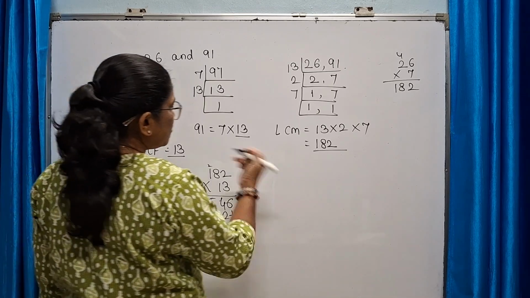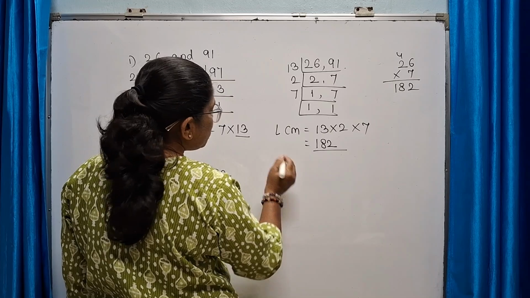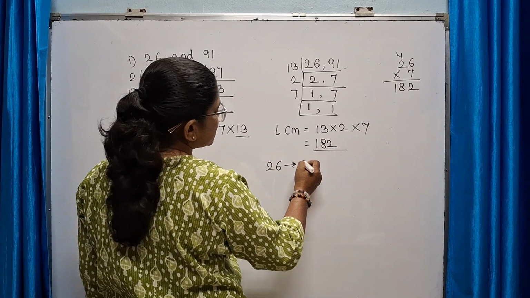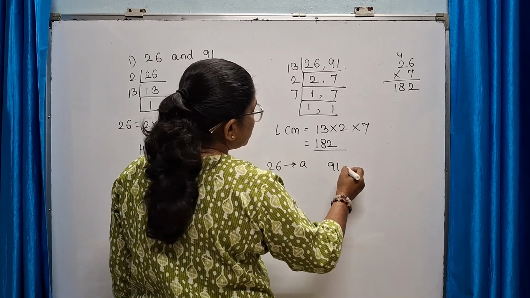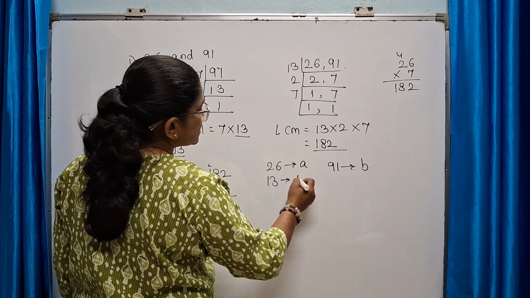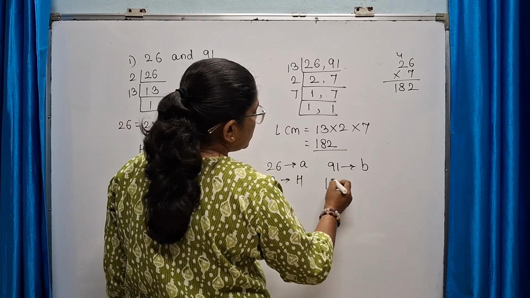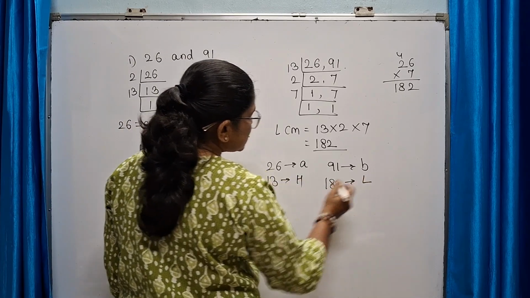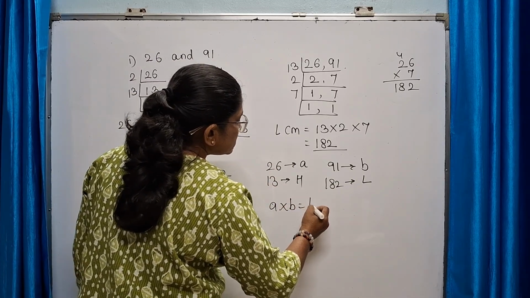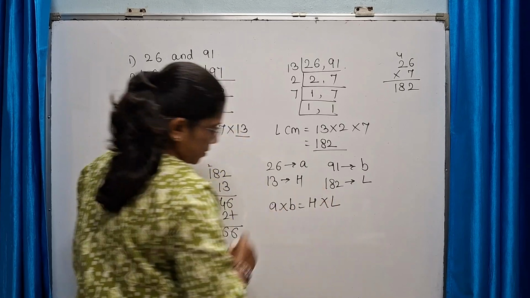So if our numbers are A and B, we consider 26 as A and 91 as B, 13 as HCF, meaning H, and 182 as LCM. What relation do we get here? A into B is equal to H into L.